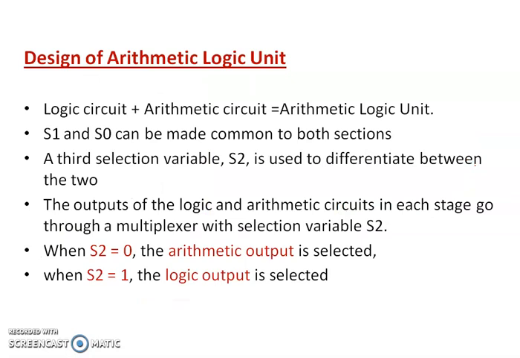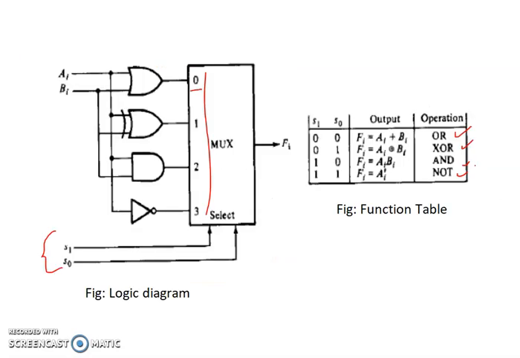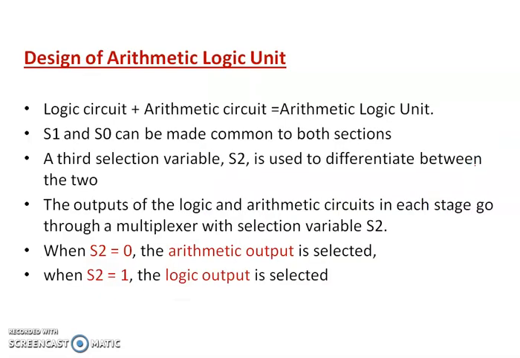Okay. So how will the design of the arithmetic and logic unit be implemented? That is, now we are going to combine these operations into a single unit. So the arithmetic and logic unit means it has both the logic circuit and the arithmetic circuit.